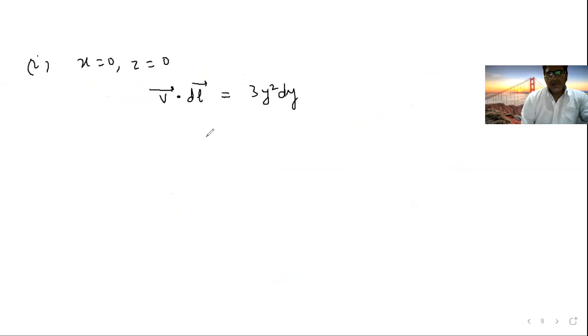Then we have to do V dot dl. dl is the infinitesimal displacement vector. It is normally dx i cap plus dy j cap plus dz k cap. But I am going along the y direction, so it has only a y component. I have to dot that with the y component of the v vector field.